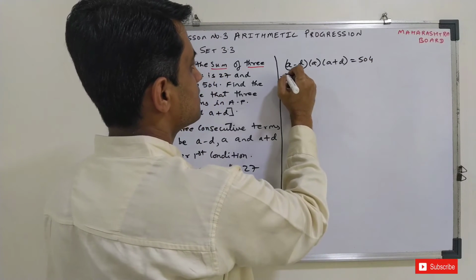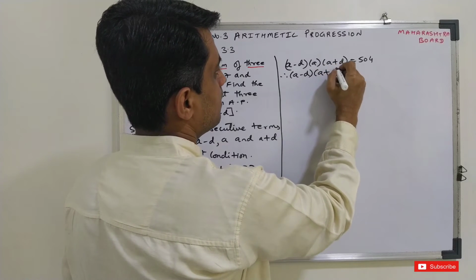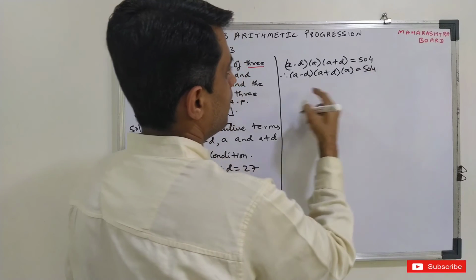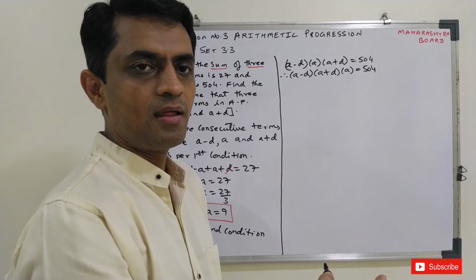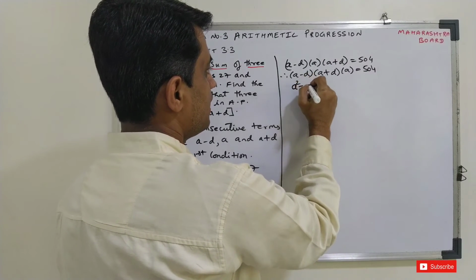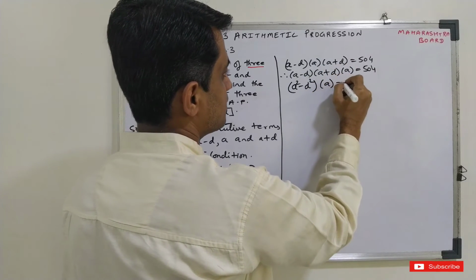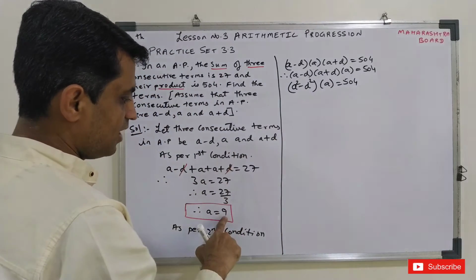Let us rearrange. A minus D, A plus D written together and A. Now this fits in the formula. A minus D, A plus D is which formula? A square minus B square formula. So this will give you A square minus D square in one bracket, and this A as it is, equals 504. Now A value we know is 9.